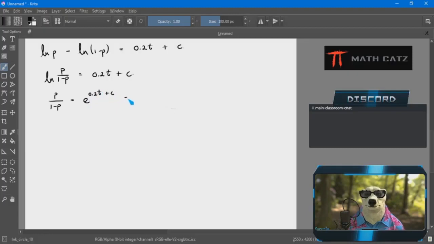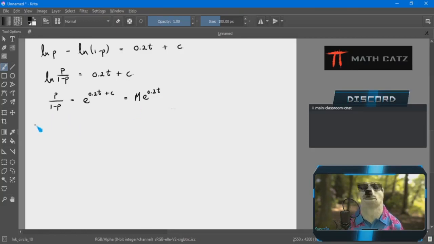I'm going to do the same thing as we've done before by having a more convenient version of the integration constant.